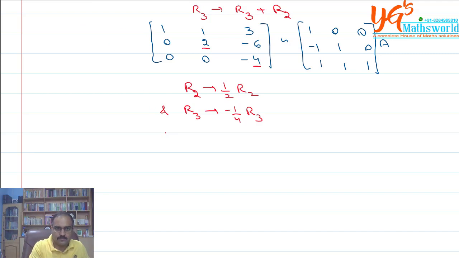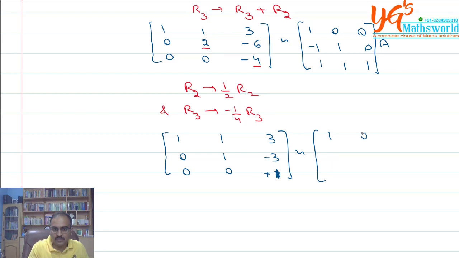It will be 1, 1, 3; 0, 1, minus 3; 0, 0, 1. On the other side: 1, 0, 0; minus 1 by 2, 1 by 2, 0; minus 1 by 4, minus 1 by 4, minus 1 by 4, into the matrix A.